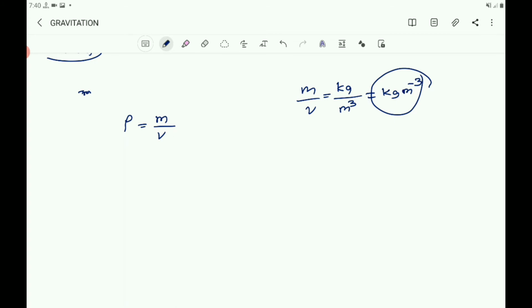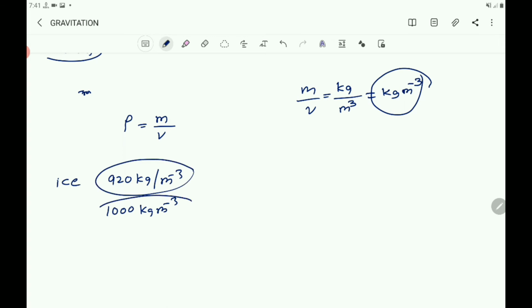So, if you take ice, its density is 0.920 gram per cm cube, or you can write it as 920 kg per meter cube, and water is 1000 kg m power minus 3, and you know that ice is lighter than water.